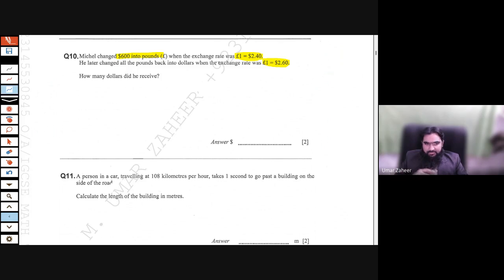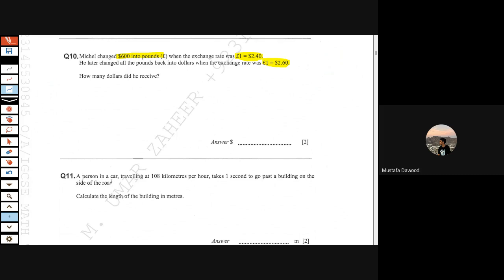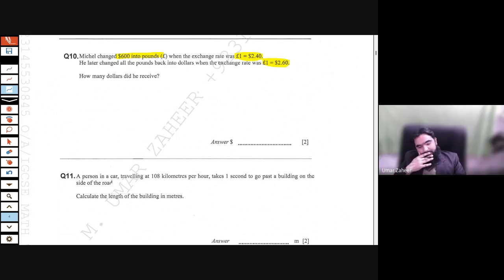Yes, Mustafa, how we can do this one? Mustafa, Yes, sir. what will be the first step here?